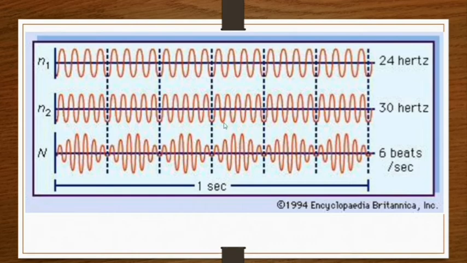In this diagram, there are two sound waves with the frequency of 24 Hz and 30 Hz. The third wave here is the sum or the interference between the two.